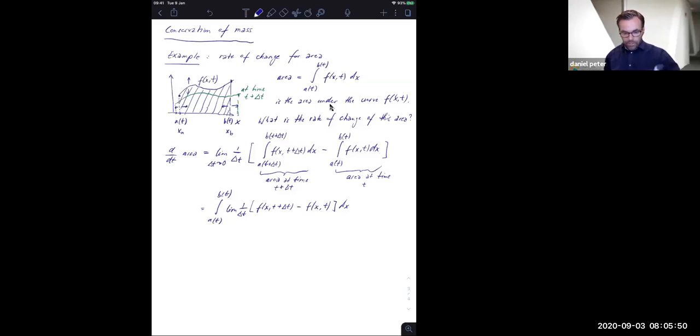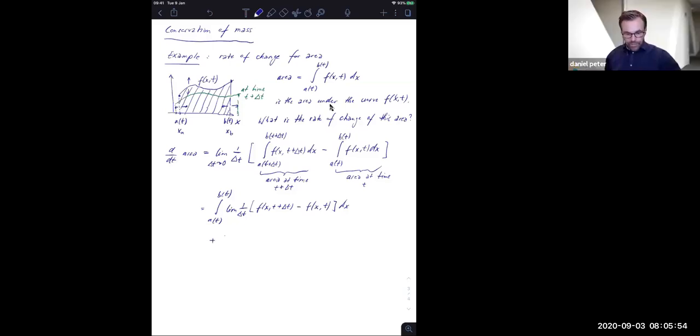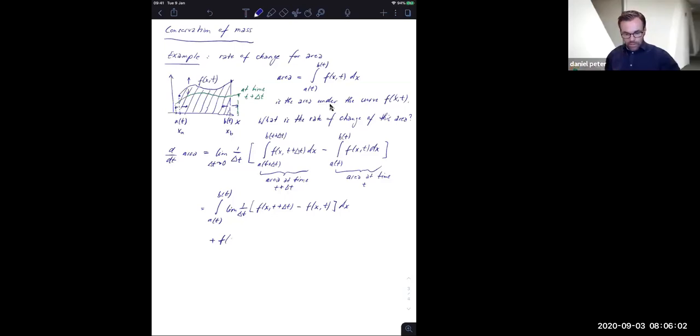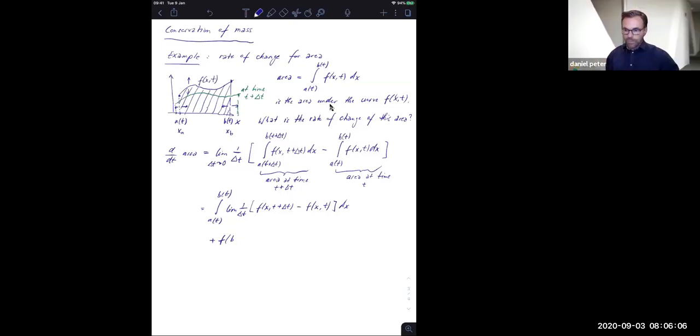So that's the first term, and now we need to add these terms which have to deal with the boundary change. So let's look at the right boundary where we have b of t.